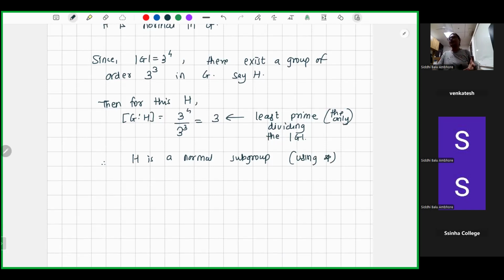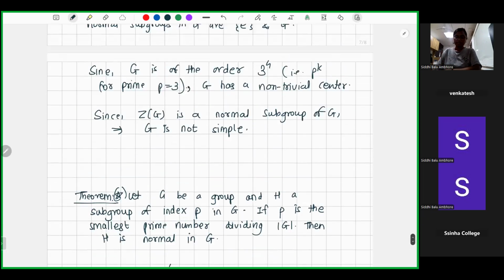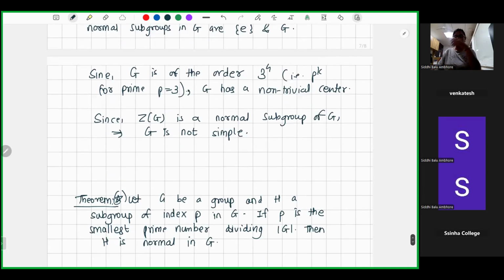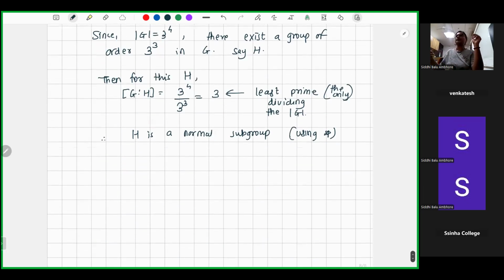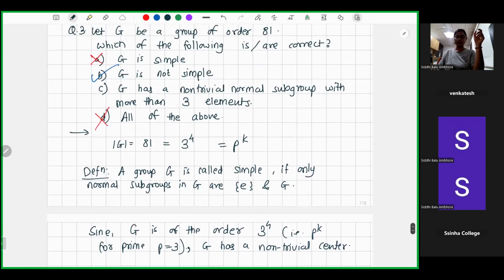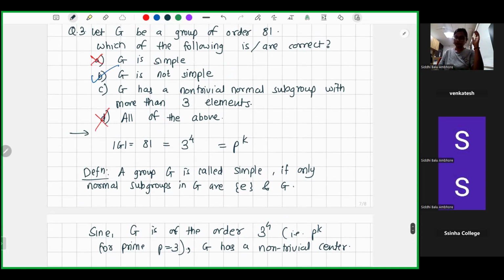So since it has a subgroup of order 3 cube, that is 27 in this case, G definitely has a non-trivial normal subgroup with more than 3 elements.